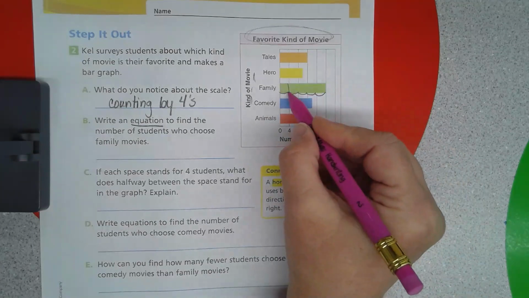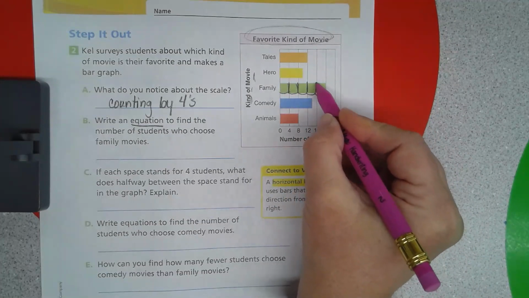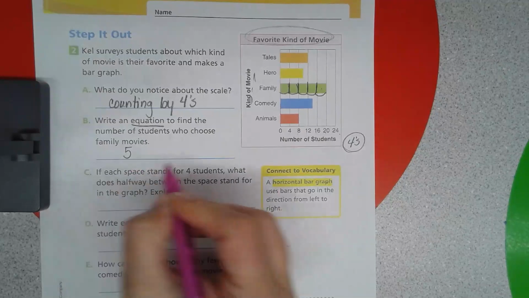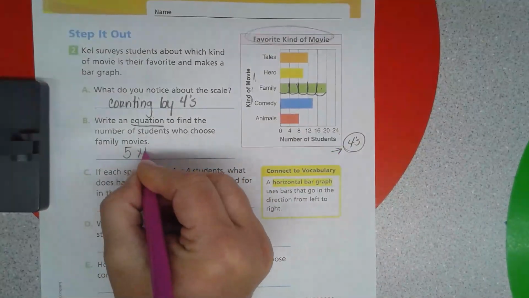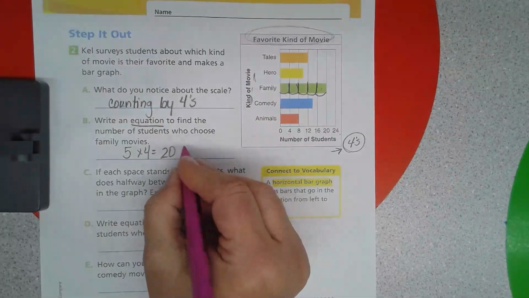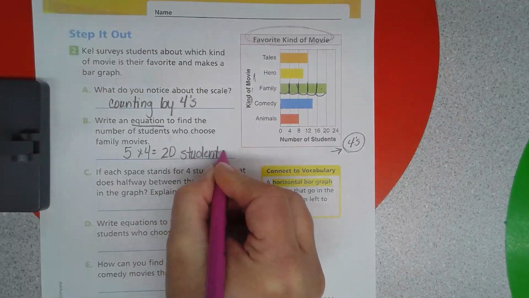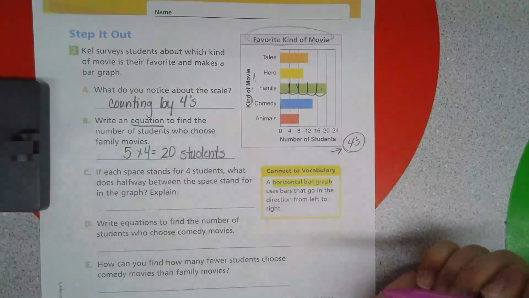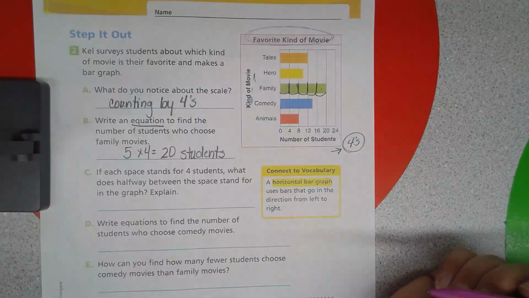Do you see that? Section 1, there's 2, there's 3, there's 4, and there's 5. So we have 5 sections. Every section you're counting by, that's right, 4s. So 5 times 4 is 20. So 20 students. And you can look at that and see it lines up with 20 and it's going to be 20 students. But they did ask for an equation, so we had to put a number sentence there.